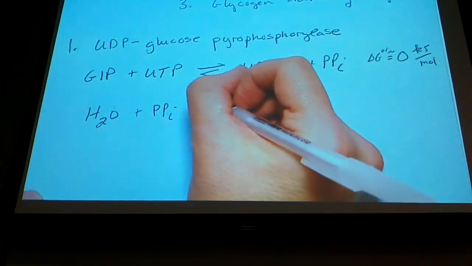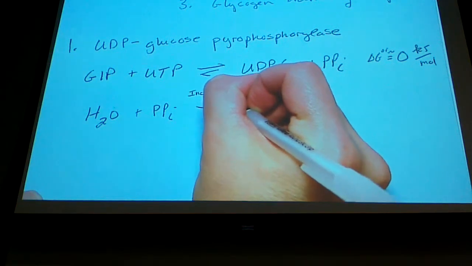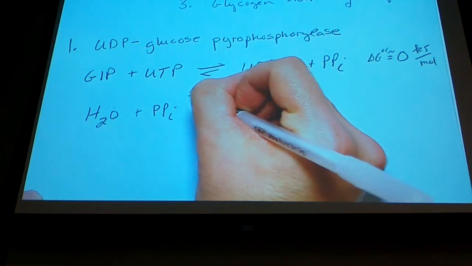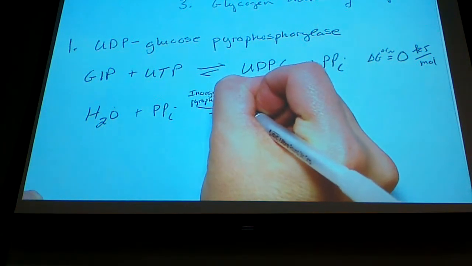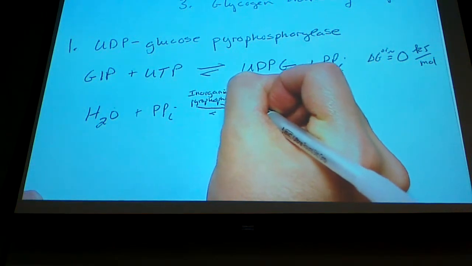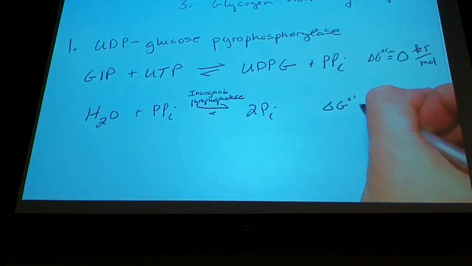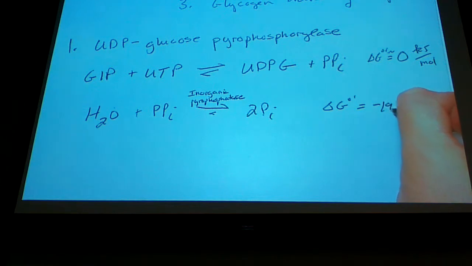And there is an enzyme for that called inorganic pyrophosphatase. And that free energy change is a negative 19.2 kilojoules per mole.